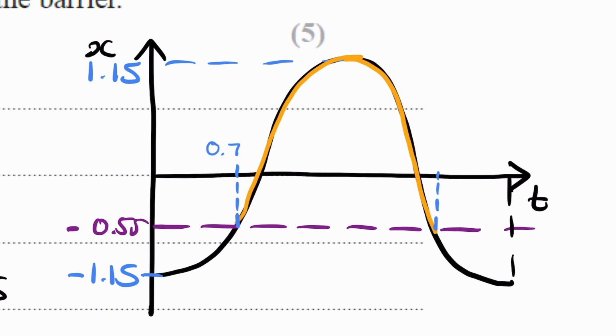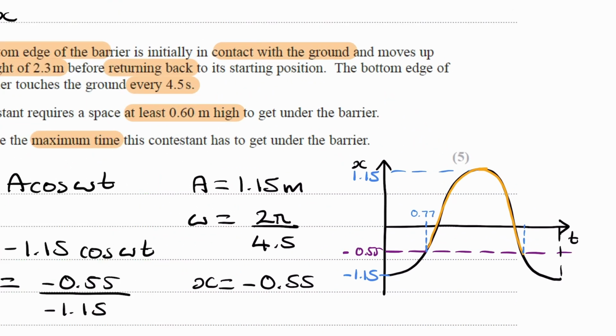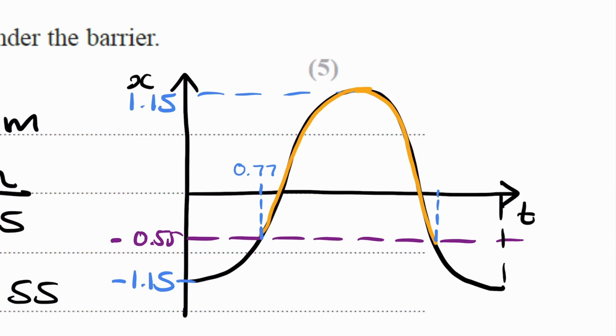I'll just round it to 2 decimal places, 0.77. We know the time period of our scenario is 4.5 seconds, so the full oscillation takes 4.5 seconds. And because a cos graph is symmetrical about this line here, if this time interval is 0.77 seconds, this time interval will be 0.77 seconds as well.